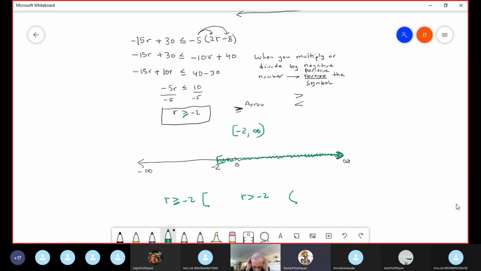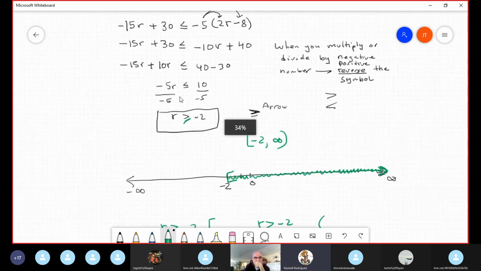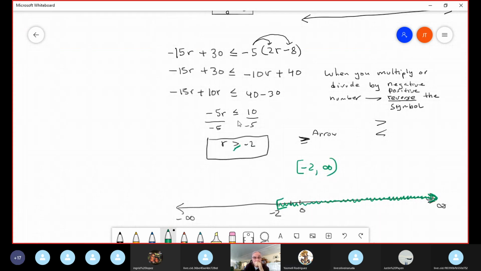Negative 5R, or negative 5. How do you know which number you divide by? What did you divide by, negative 5? Good question. Suppose this elementary example: you have 2x equal 4, and you want to isolate x, so divide by 2, the coefficient in front of x. My goal is to eliminate this guy, because 2 divided by 2 is 1. The 1 is invisible. Now you divide by this.